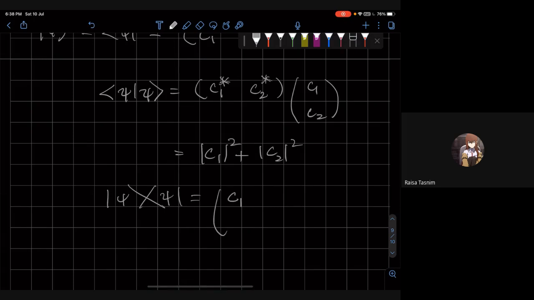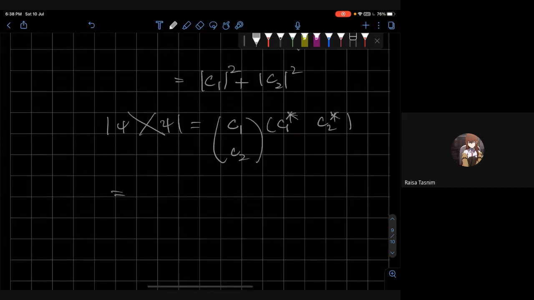It's the outer product: (C1, C2) times (C1 star, C2 star). What this means is that you take every element of the first matrix, say C1, and multiply it with all the elements of the other matrix. So you get C1 C1 star, and then C1 C2 star, and then you do the same: C2 C1 star, and then C2 C2 star.